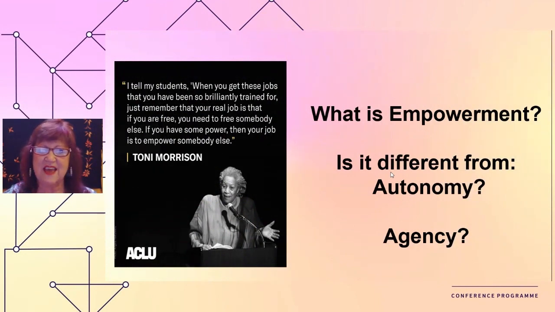Toni Morrison said, I tell my students, when you get these jobs that you have been so brilliantly trained for, just remember that your real job is that if you are free, you need to free somebody else. If you have some power, then your job is to empower somebody else.